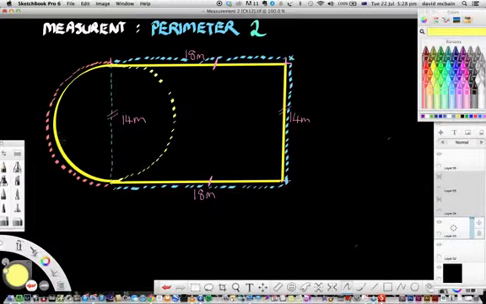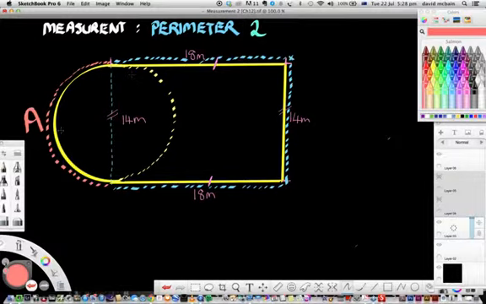So we're going to work out the circumference of that full circle and then divide the answer by 2 to give us this part here. So the orange section, we'll call it A. Okay, so that distance there is A. That's the unknown distance we're trying to work out.